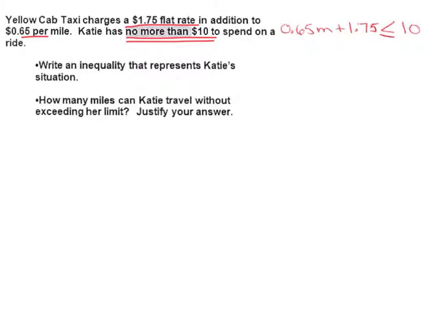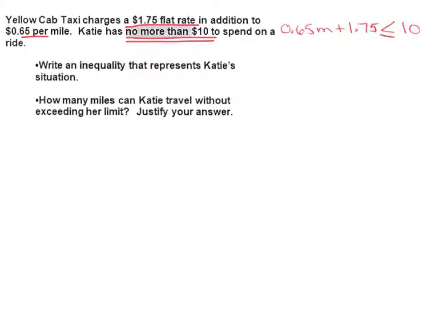Whatever this is, it has to be less than or equal to $10 because Katie cannot go over $10. So we know that the flat rate is $1.75 plus the 65 cents per mile is right there. So our inequality would look like this. You'll have 0.65 M plus $1.75 is less than or equal to $10.